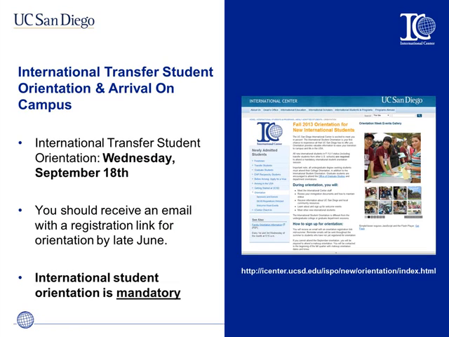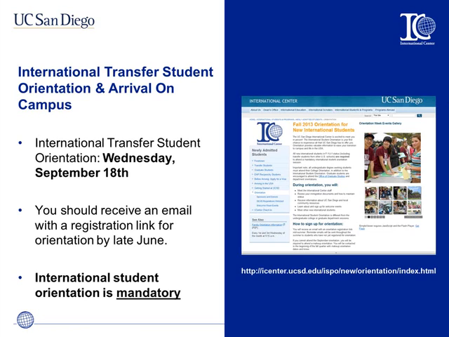The last program that I want to highlight is specifically designed for international transfer students, and that's the Orientation and Welcome Program. This will give you an opportunity to meet other international students, make new friends, and learn about UC San Diego resources. International Transfer Student Orientation is on Wednesday, September 18th, so please make sure you are here by then.